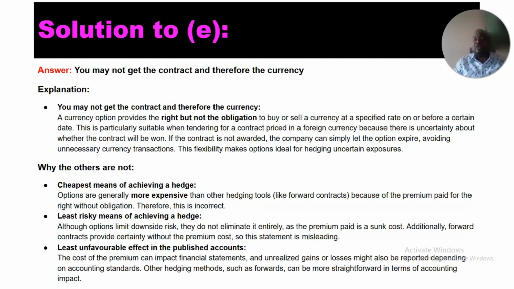This is particularly suitable when tendering for a contract priced in a foreign currency because there is uncertainty about whether the contract will be won. If the contract is not awarded, the company can simply let the option expire, avoiding unnecessary currency transactions. This flexibility makes options ideal for hedging uncertain exposures.